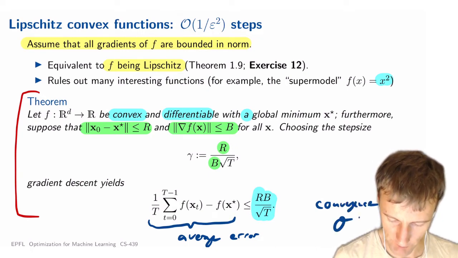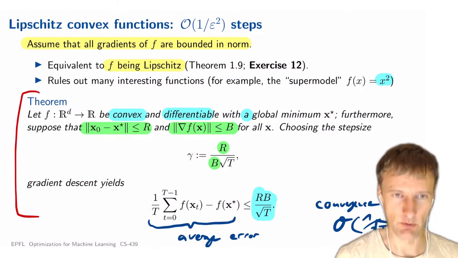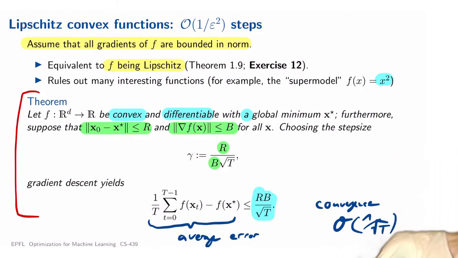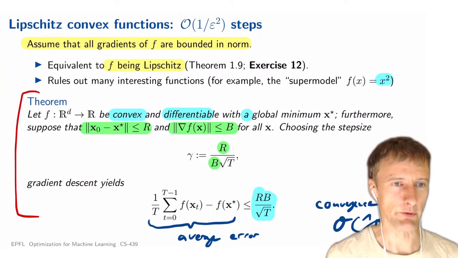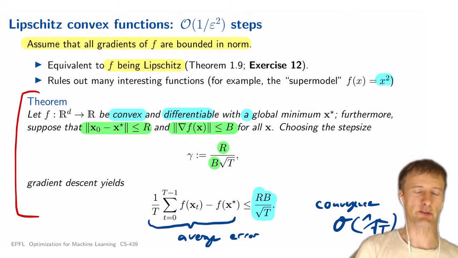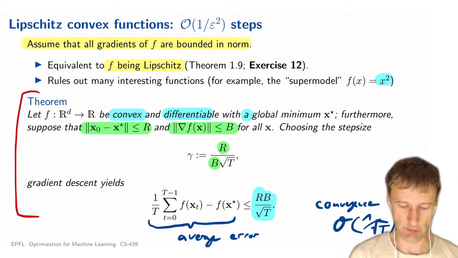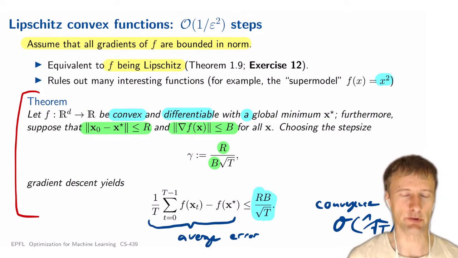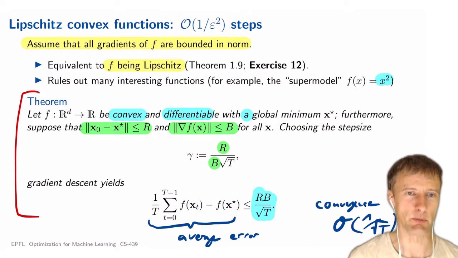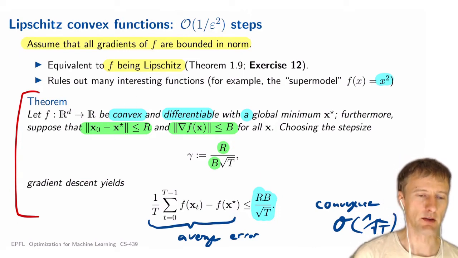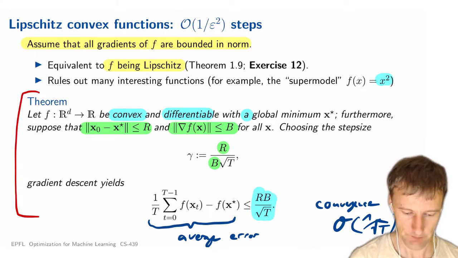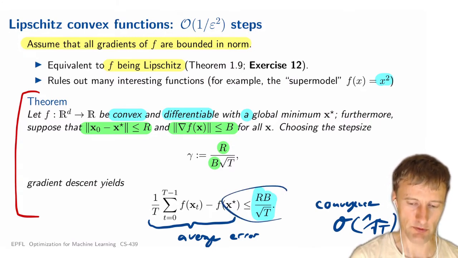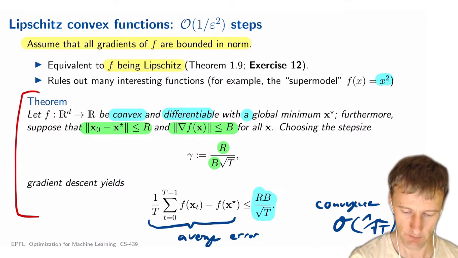And sometimes we also write this as 1 over square root T in the order notation, to simplify if you don't care about the constant. But this theorem is really about understanding how these constants influence the convergence rate, that depending on how hard your problem is, that's going to tell us how many steps we're going to need. Because the accuracy is going to be 1 over square root T.